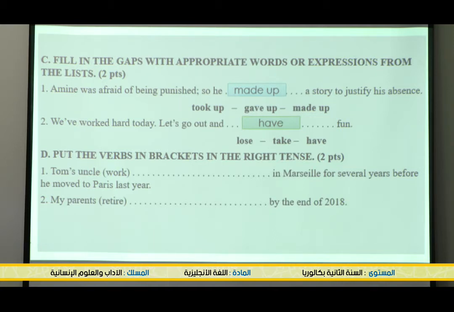So first, I want you to look here at these time indicators. So we have the first one here, the time indicator we have here, we have for, and we have before. And something else we have here is this, we have moved, okay? So we already have a verb in the simple past.